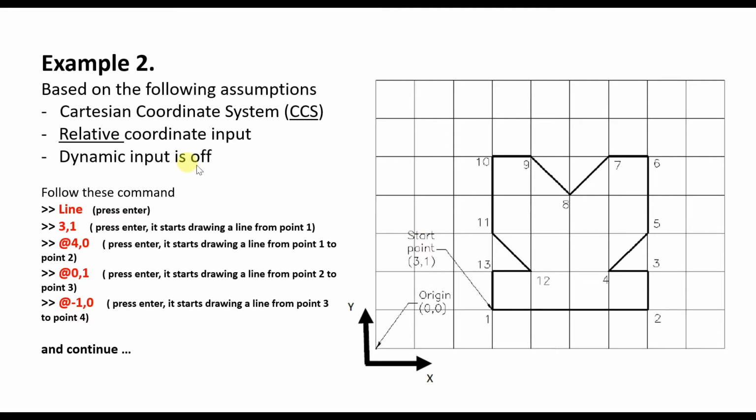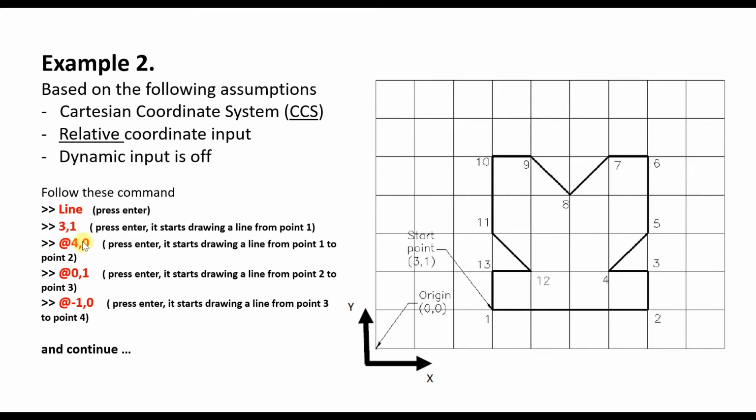In AutoCAD, we use this at sign to tell AutoCAD that our input is in relative coordinates. It's not in absolute coordinates. So we use this at sign for that. Of course, x comma y, so how many units we go along x, how many units we go along y.